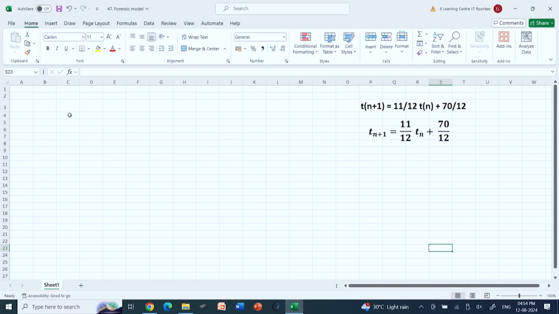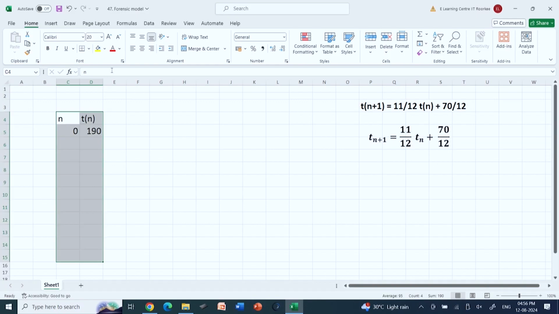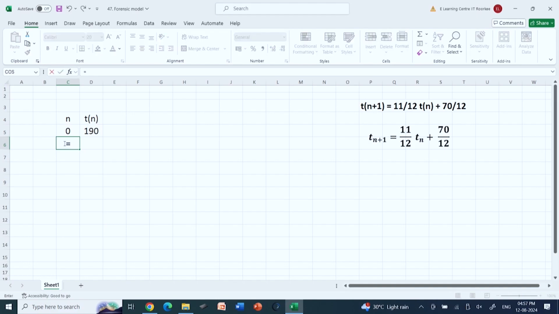Let us now solve this difference equation. So, we put n here, Tn here, at time 0, this value is 190 degree Fahrenheit. I just increase the font to 20 and center the values. So, this is equal to this plus 1. Let us calculate this one.